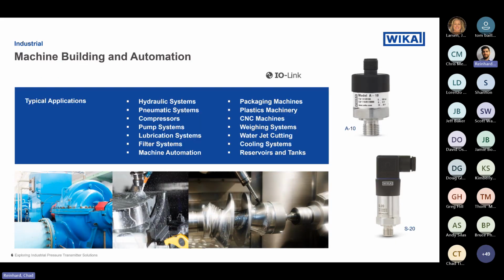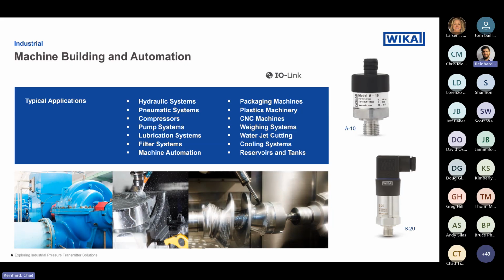And then we'll take one step deeper into some of the very specific markets. For us, placing the A10 and the S20 are the most common in these machine building and automation markets. You'll see some of the core applications that we consider to be machine building and automation. And it's vast, right?